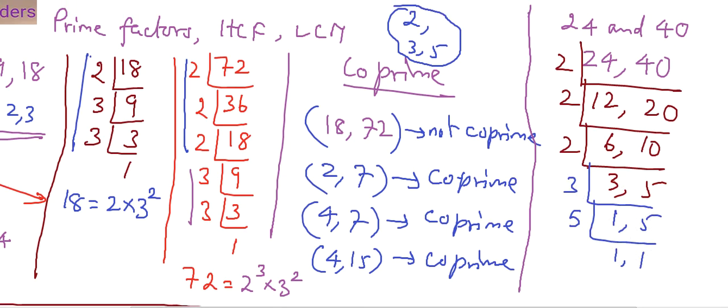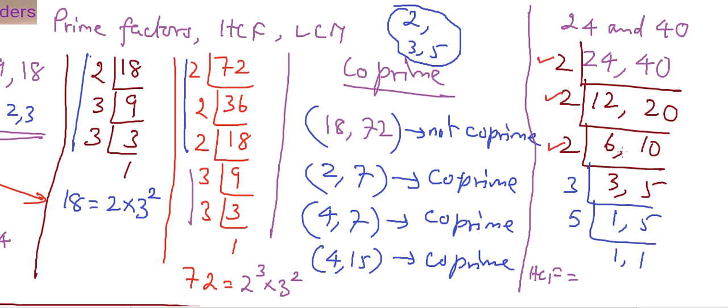Okay. So now let's find the HCF and LCM. The HCF of 24 and 40 is the product of all the numbers by which you were able to divide both the numbers. Both the numbers got divided by these three 2s, correct.